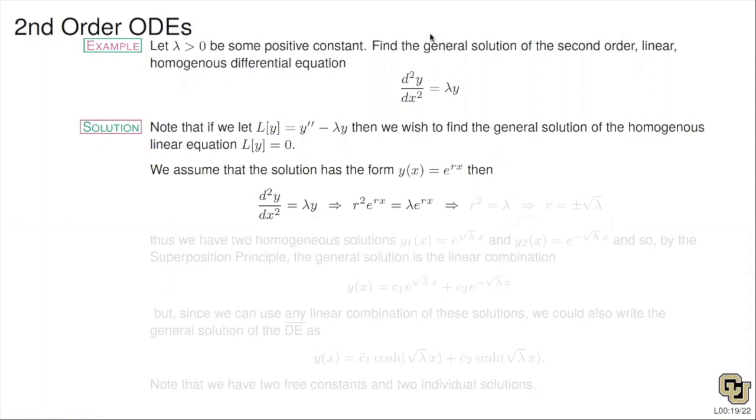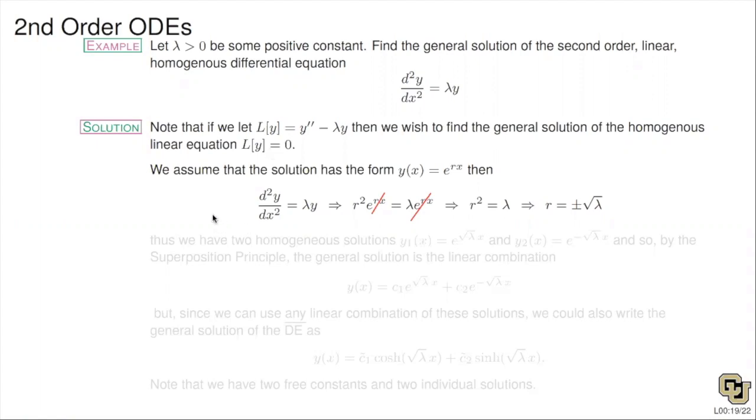Now we can cancel the e to the rx on both sides, and we get r squared equal to lambda. Then we take the square root, and you get r is equal to plus minus square root of lambda. I will say, at this point, we should be really careful. Depending on whether lambda is positive, 0, or negative, different things will happen. But we're not getting into those details right now.